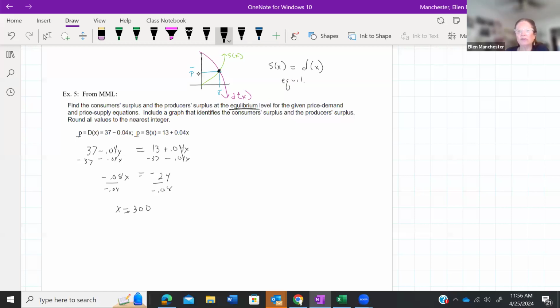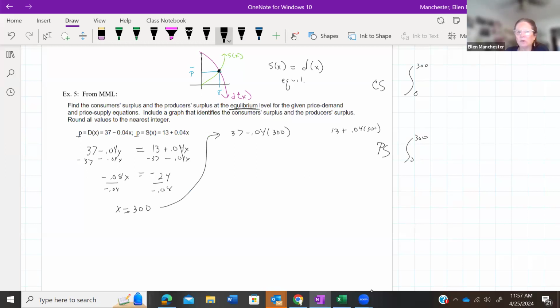Okay, so we found the x value. Now we know, when we're setting these up, if we're looking for consumers or producers, it's going to go from 0 to 300 on both of these. So we get to use the same values for both. All right, now I have the x. Now I can plug the x back into either price function and get my price, because all I have are the two functions. I'll show you that you'll get the same exact value.